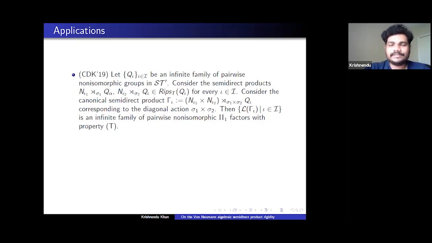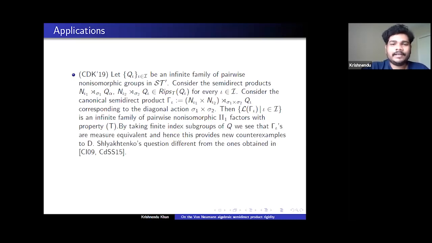And since they're finite index, those are measure equivalent, but their corresponding group von Neumann algebras are non-isomorphic. So that provides a new counterexample to a question of Dimitri's rectangle that Jeshi mentioned in today's talk in the morning: that those groups are measure equivalent, but their corresponding group von Neumann algebras are non-isomorphic.